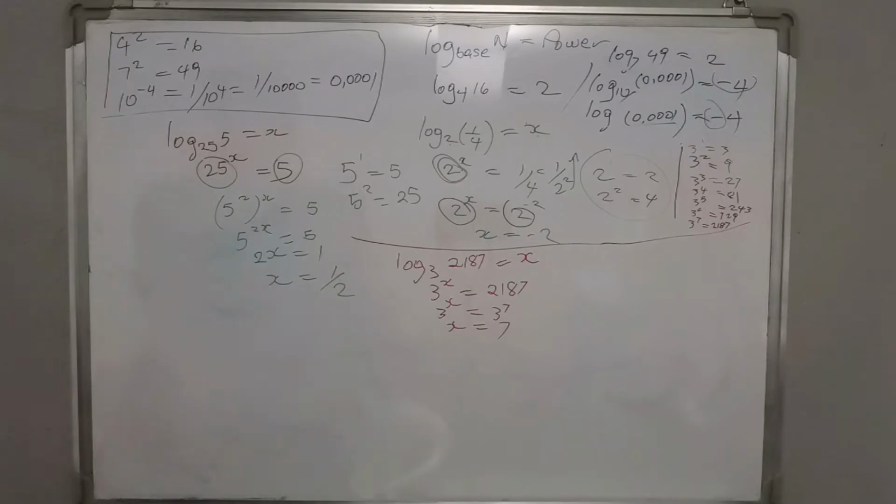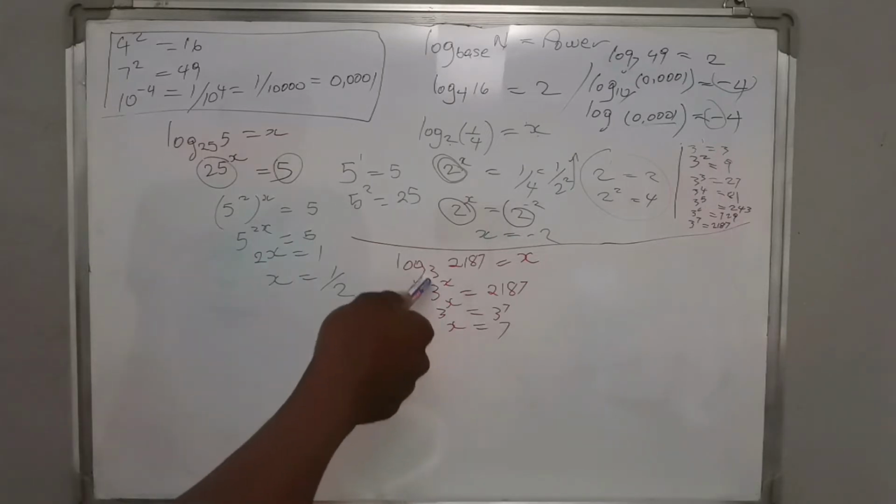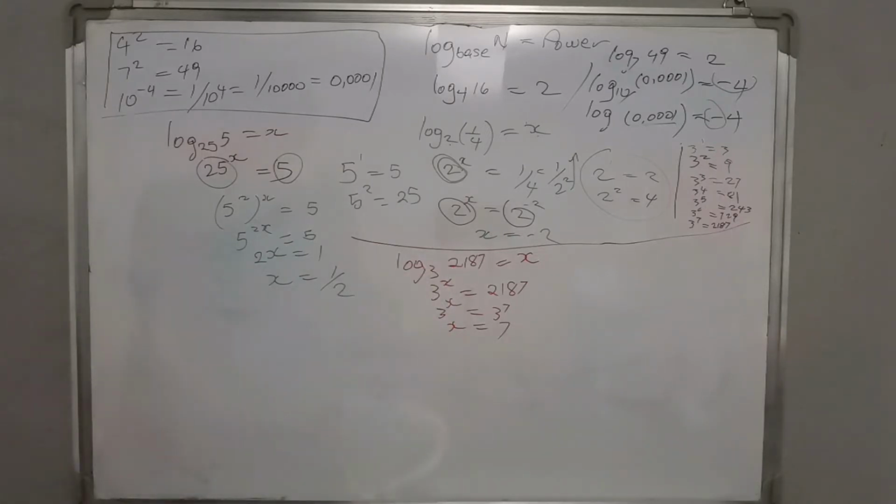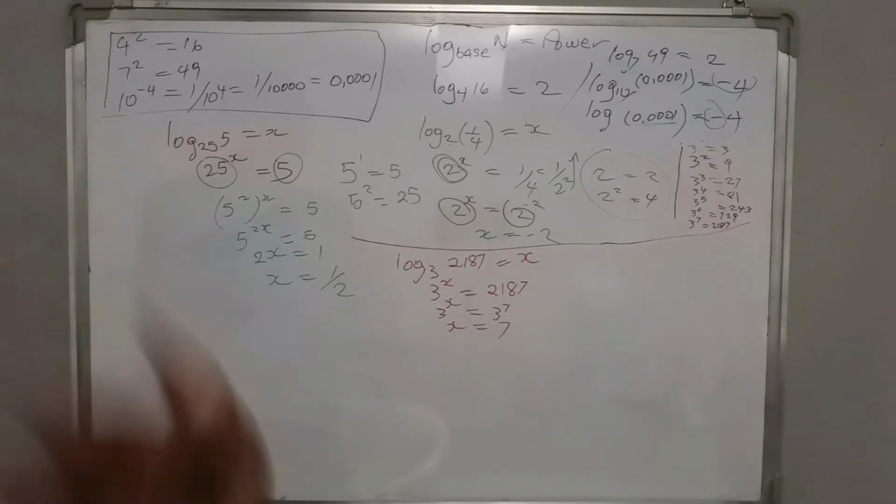So whenever this one is bigger, we get the whole number, but whenever this one is bigger than that one, we will always get the fraction. Okay, logs are not always this simple.